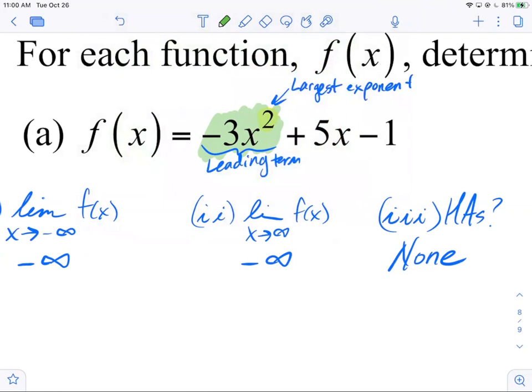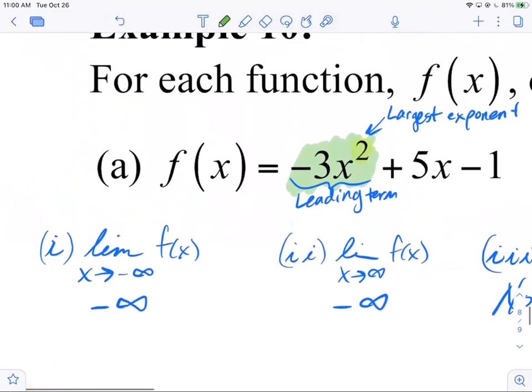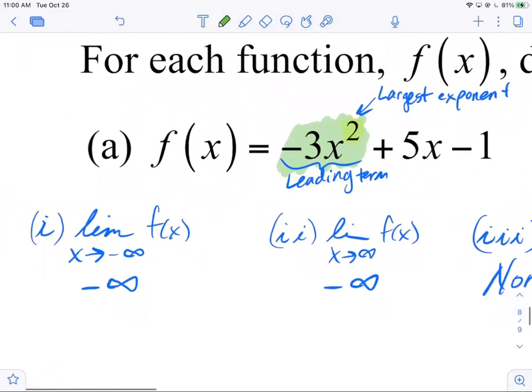So all you got to do now is plug in the type of infinity you're approaching into the leading term only, okay? Now, infinity is not a number, so you can't really plug in infinity. So let's just plug in a negative huge number and see what that gives us. What is negative huge squared? Positive huger, good.